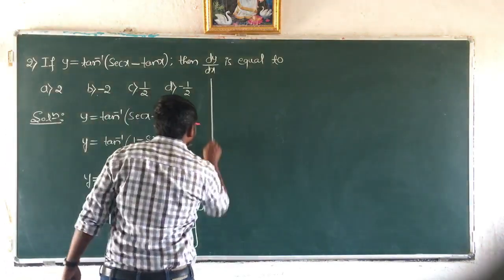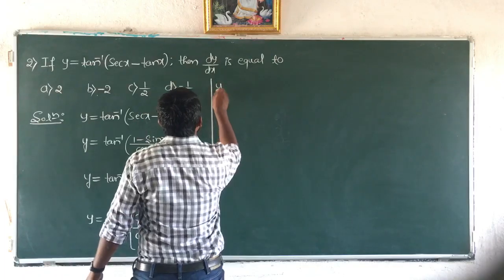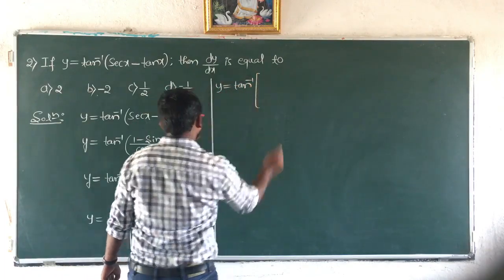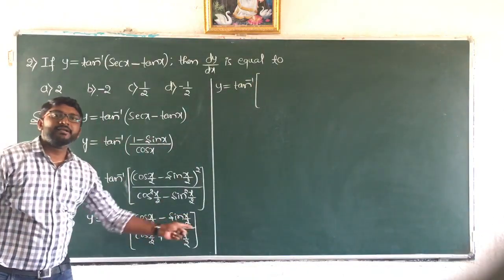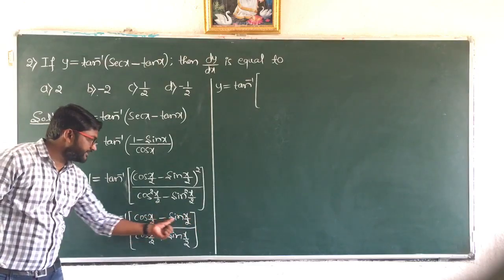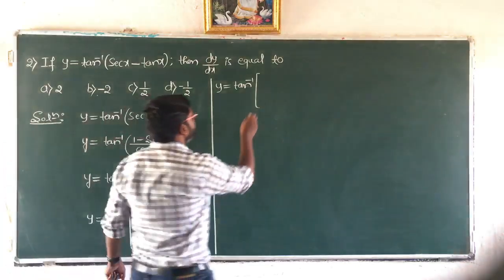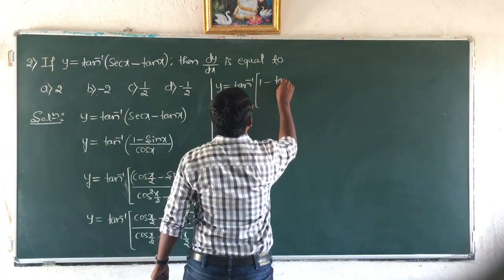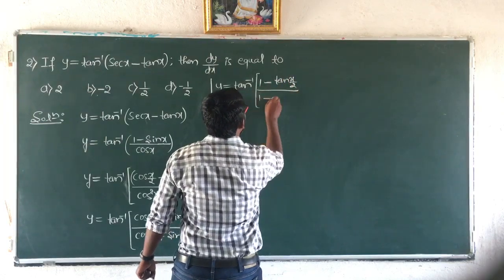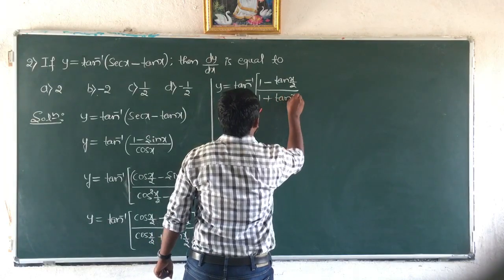That is why. So now see here, y which is equal to tan inverse. So now divide each term by cos x by 2. We get 1 minus tan x by 2 divided by 1 plus tan x by 2.